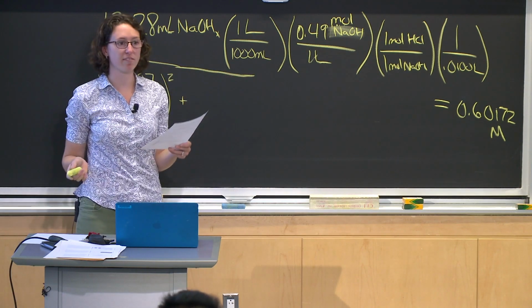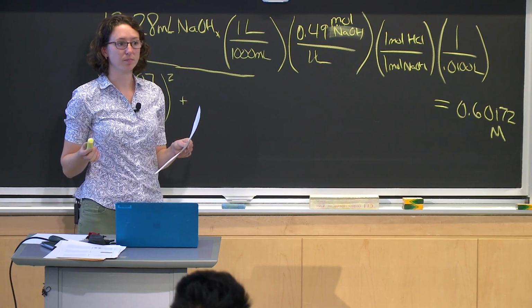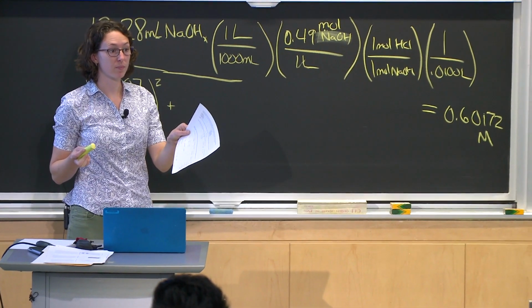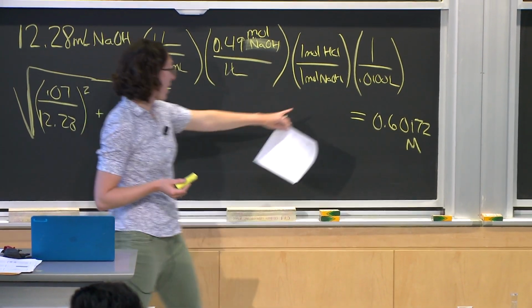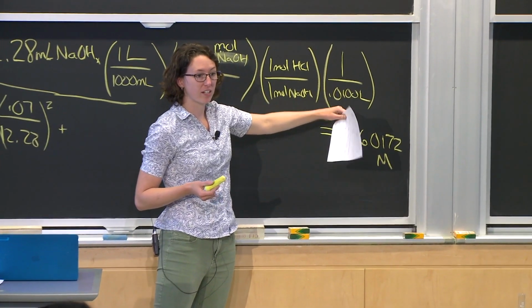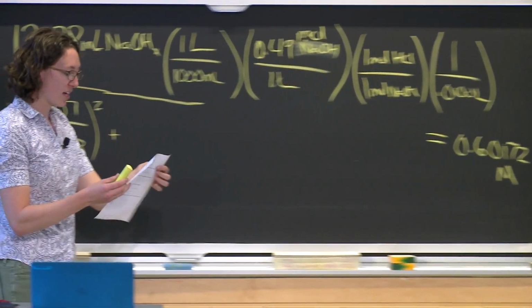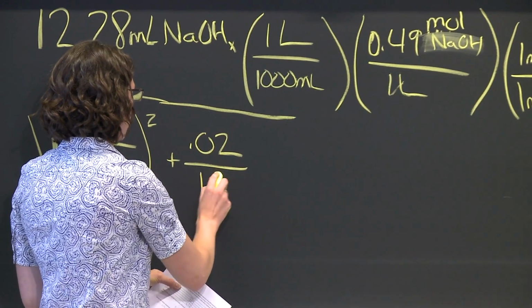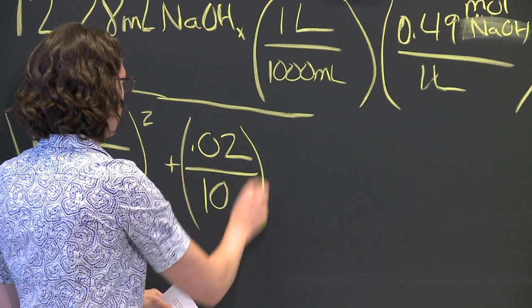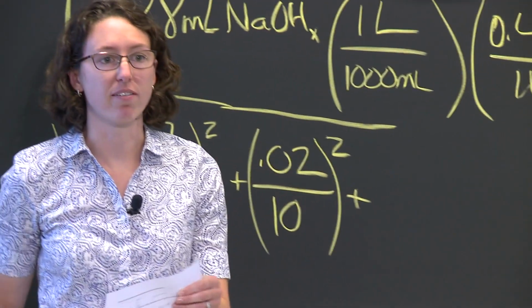Plus, what's the next error that we have? The last one, yeah. We have error associated with this measurement, right? And the error associated with that is 0.02 milliliters. So you have 0.02 milliliters over your 10 milliliters. And then what's the last error that we have?